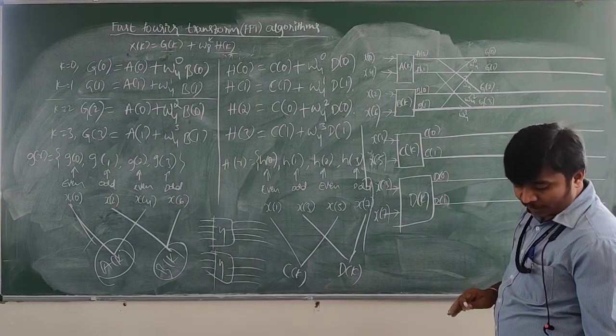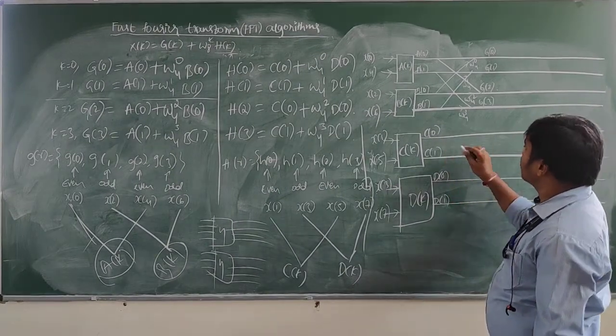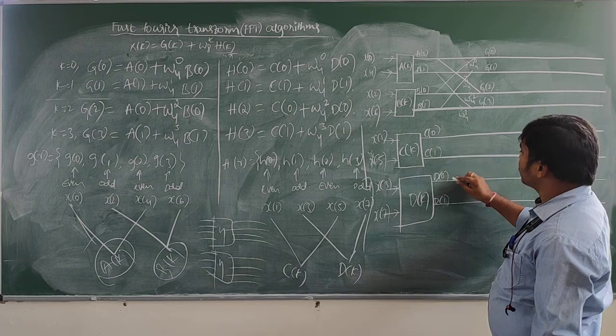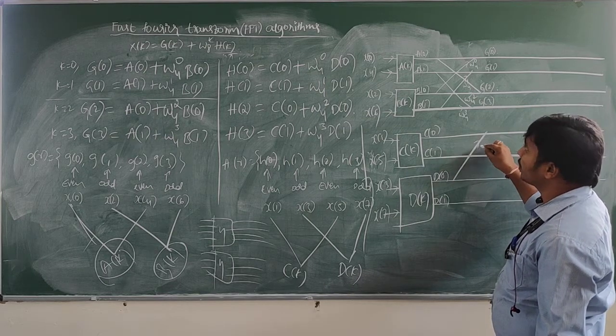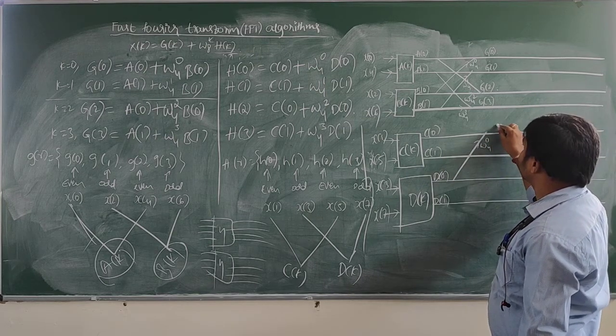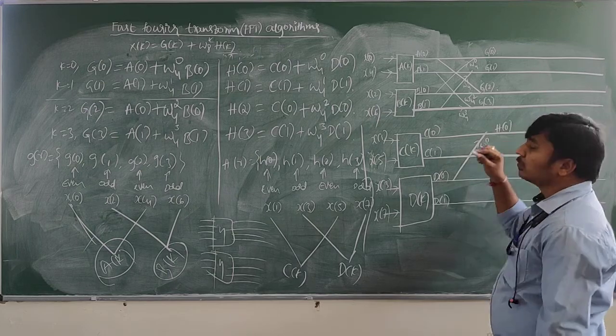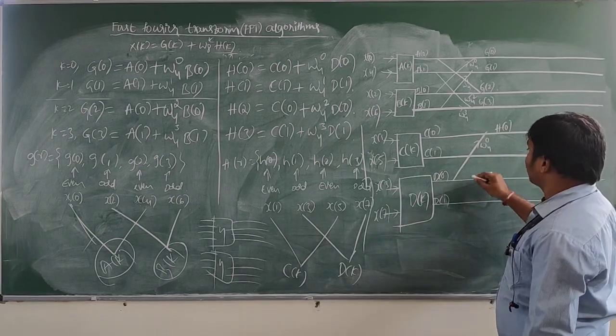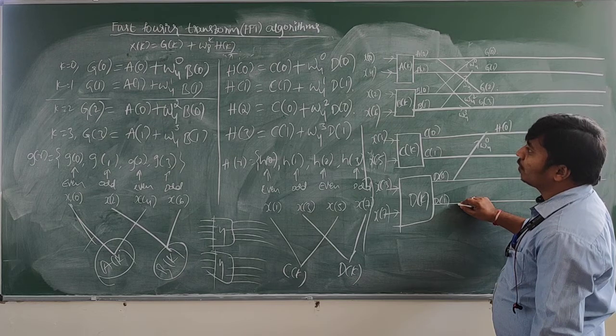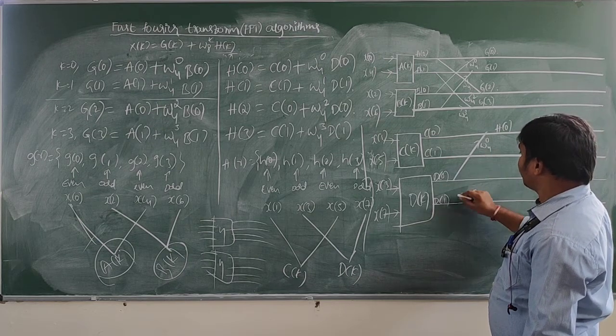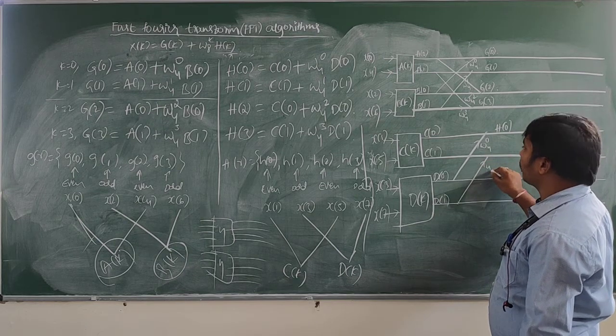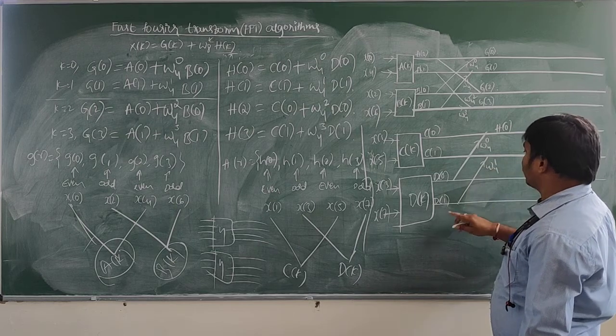H of 0 is C of 0 plus W of 4 power 0 into D of 0, which will give you the H of 0. Okay. So similarly, H of 1 is C of 1 plus W of 4 power 1 into D of 1.